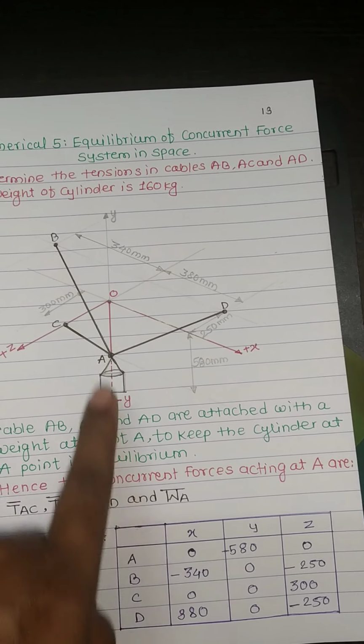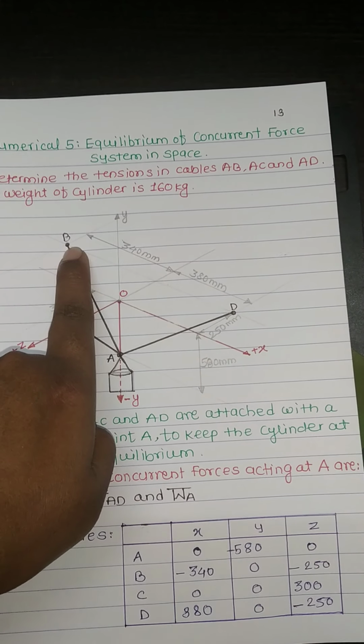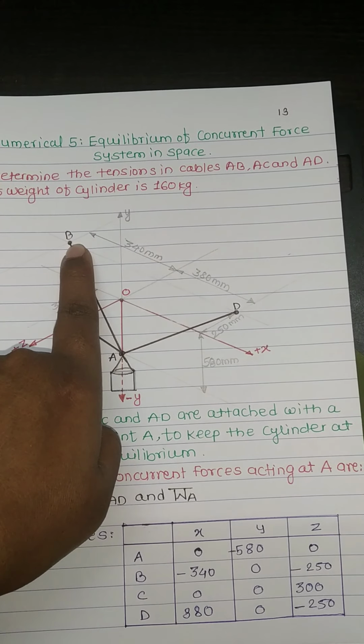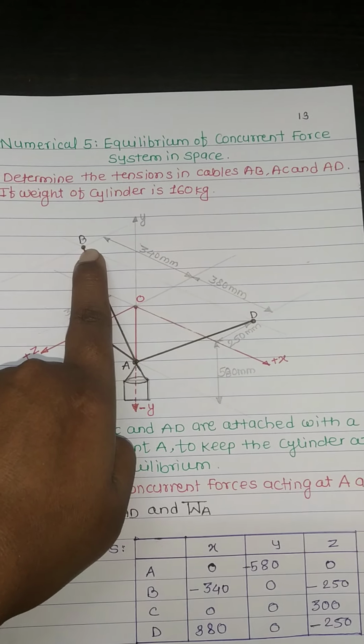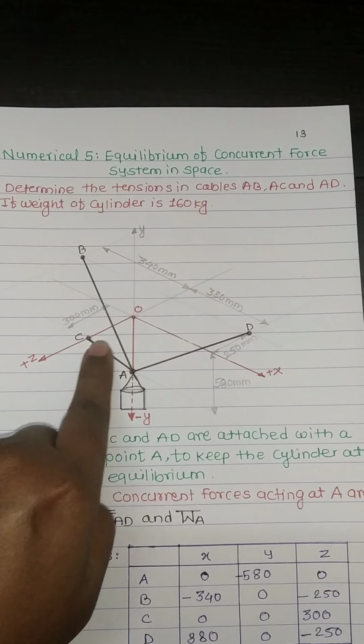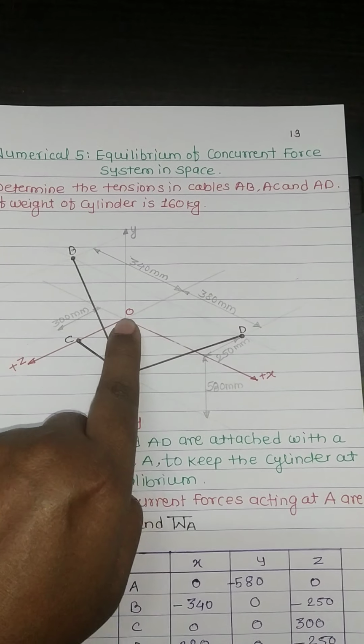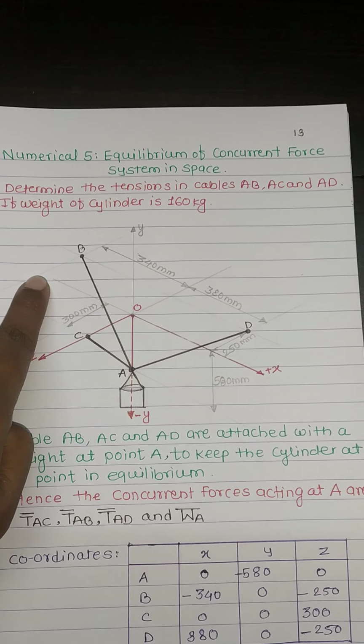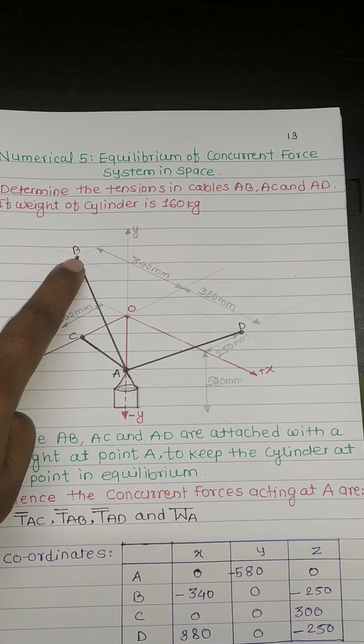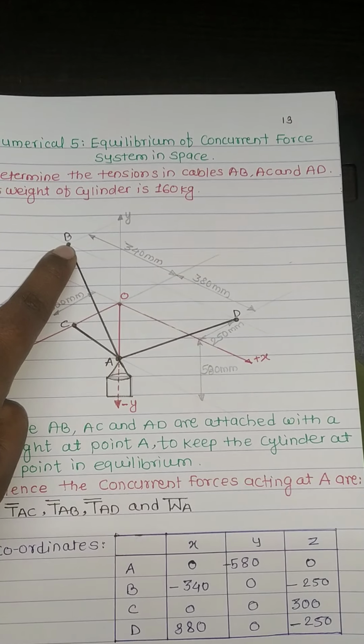Coordinates of B. The point B is defined in the plane of negative z-axis and negative x-axis. Therefore, the y coordinate of this point B will be 0.